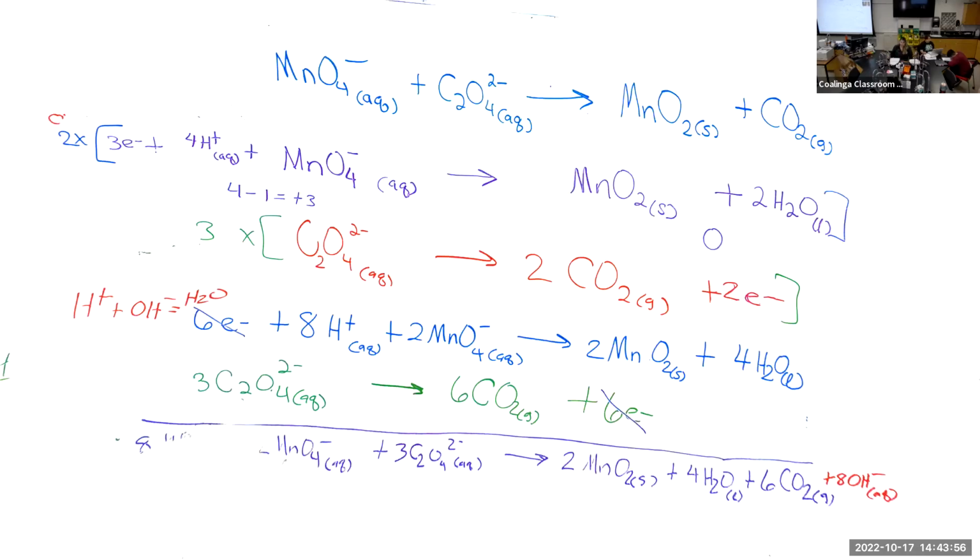So we have 8 H2Os plus 2 manganese oxide, permanganate, plus oxalate.